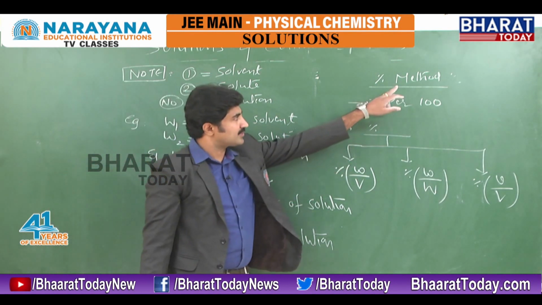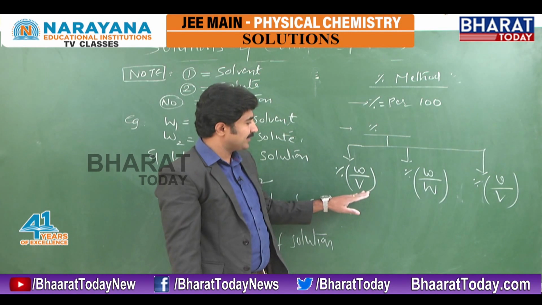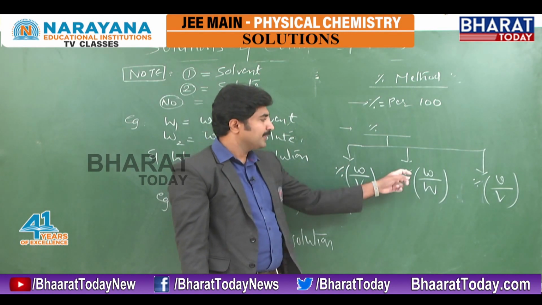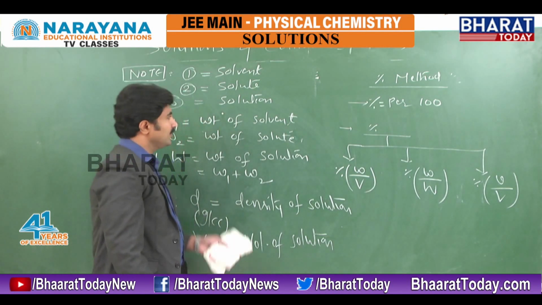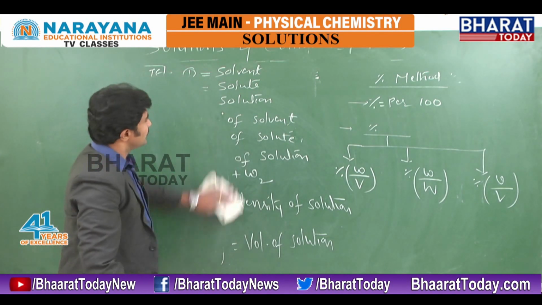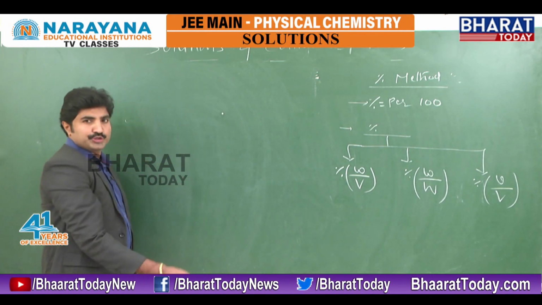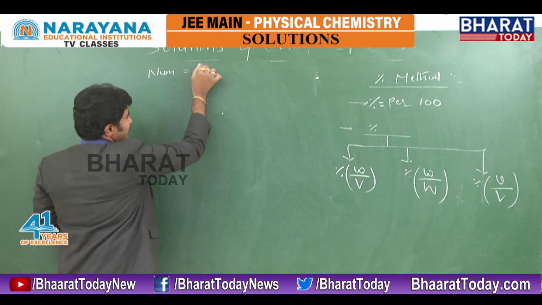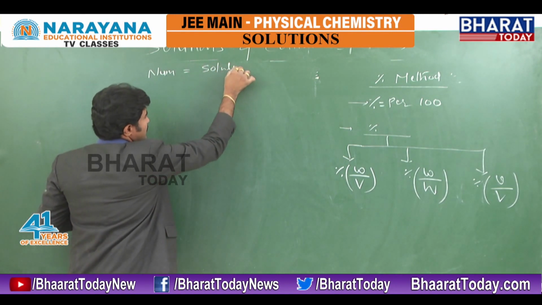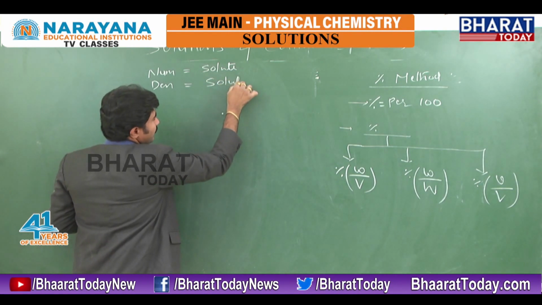Okay, now I start the percentage method. Percentage is per 100. These are the three methods: percentage weight by volume, percentage weight by weight, and percentage volume by volume. In every expression there is a numerator and a denominator. The numerator represents solute, and the denominator represents solution.